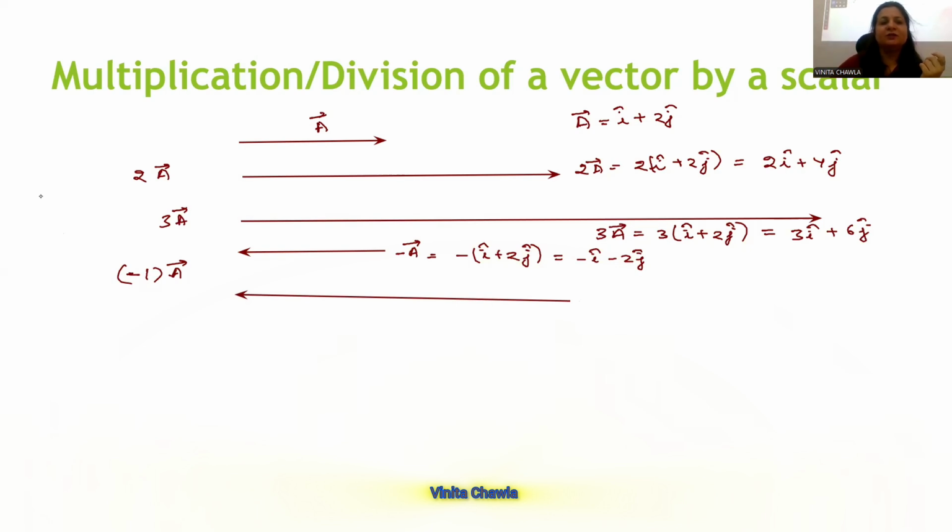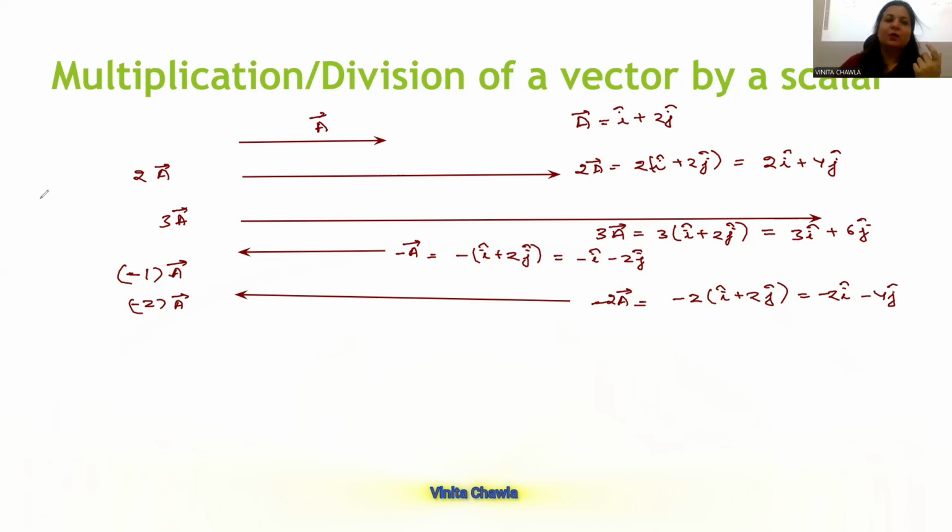So this time we are multiplying this vector by minus 2, so we'll get minus 2a vector, and we can write this as minus 2 in the bracket i cap plus 2j cap. This is minus 2i cap minus 4j cap. Yes? Clear?